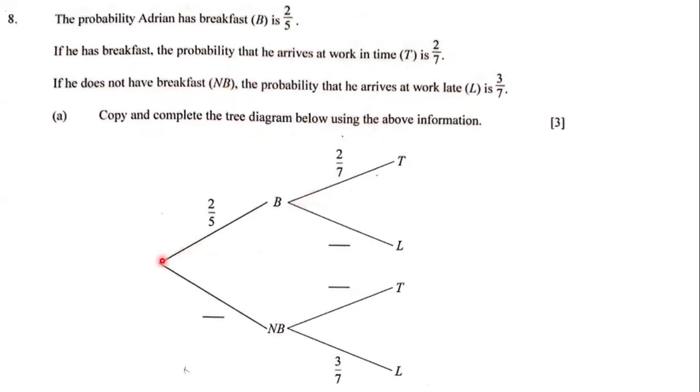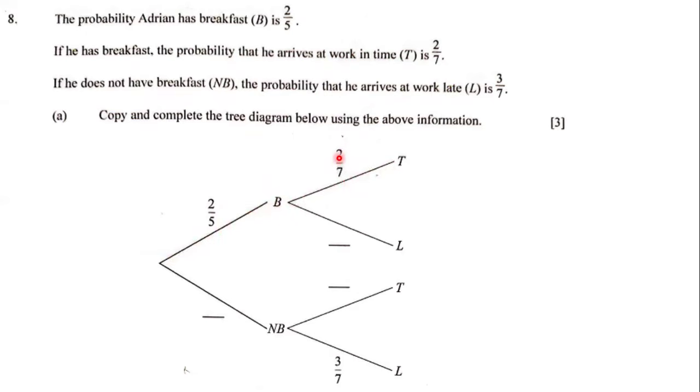And so the probability that Adrian has breakfast is 2 over 5. And the probability that if he has breakfast, he arrives to work on time is 2 over 7.